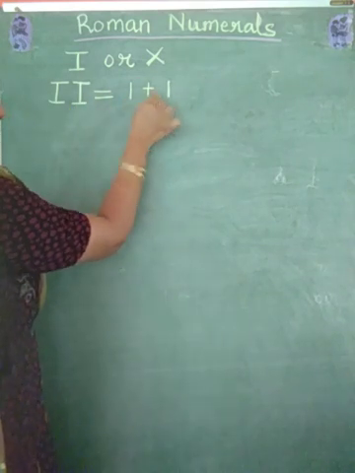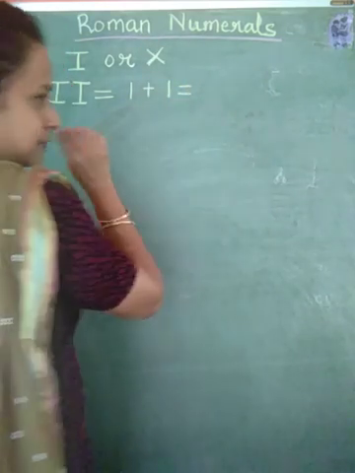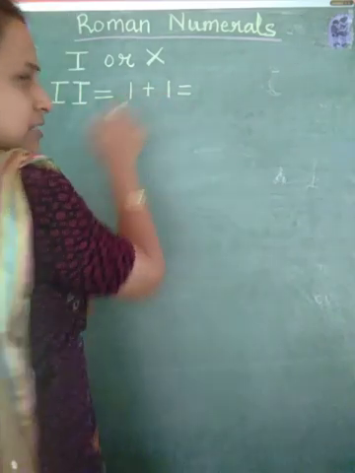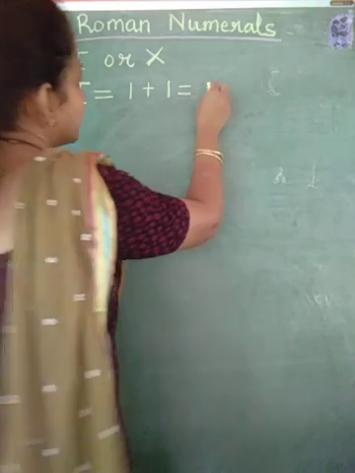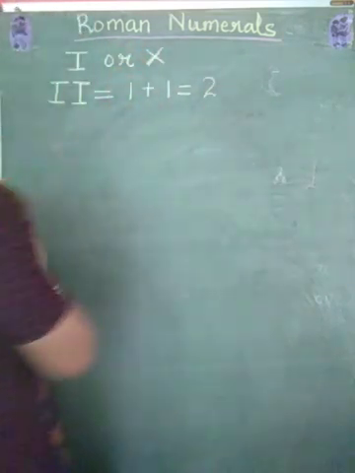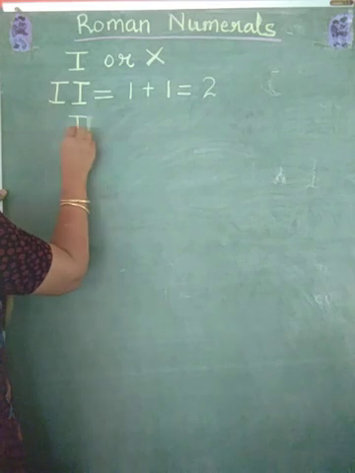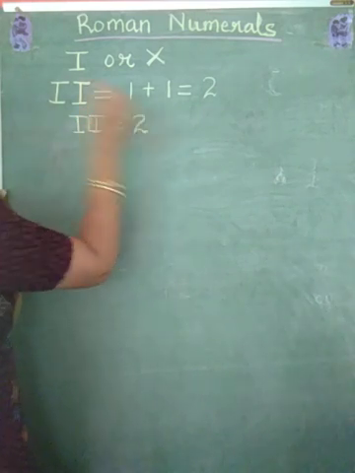So when you add these two numbers, you will get their total, that is the sum total after adding. Everybody knows 1 plus 1 equal to 2, right? So that means when you write double I, it is equal to 2.